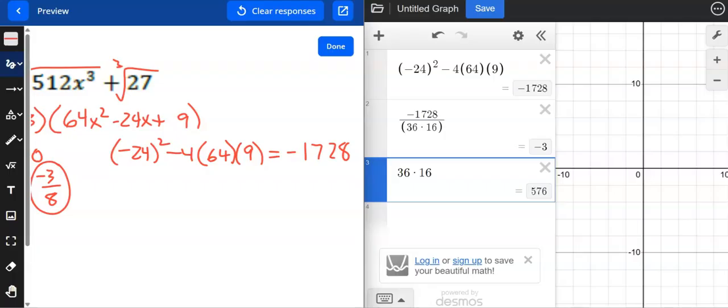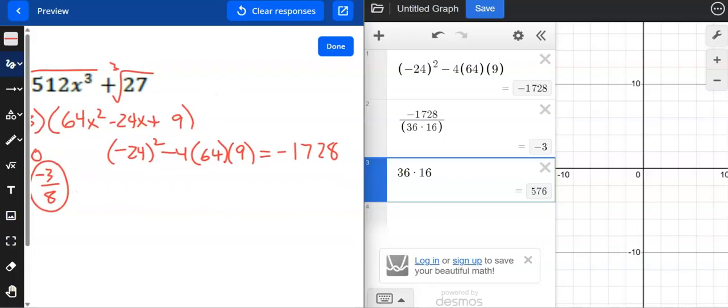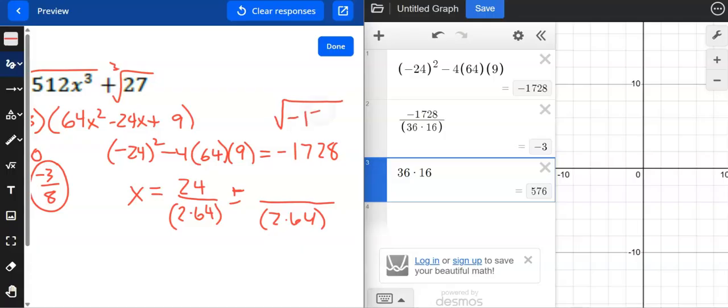So as I continue my quadratic formula, opposite of b over 2 times 64 plus or minus, instead of square root negative 1,728, I'm just going to write square root negative 576 and 3 left over.